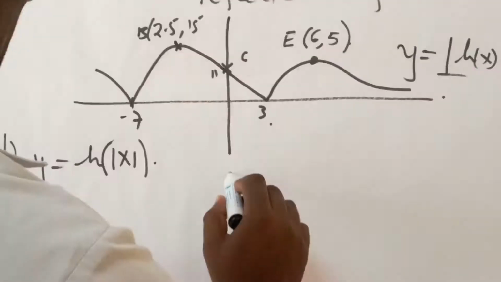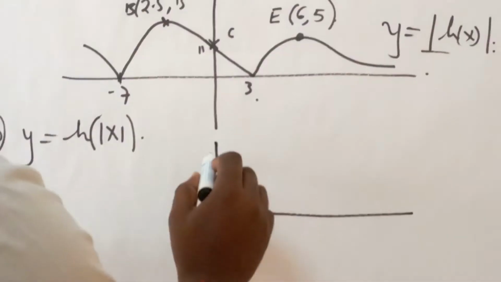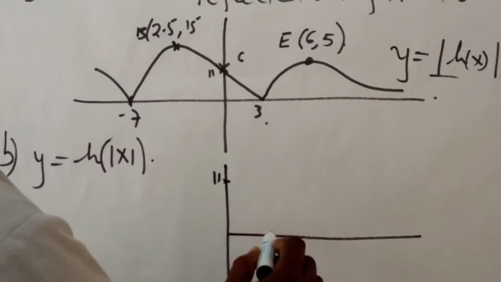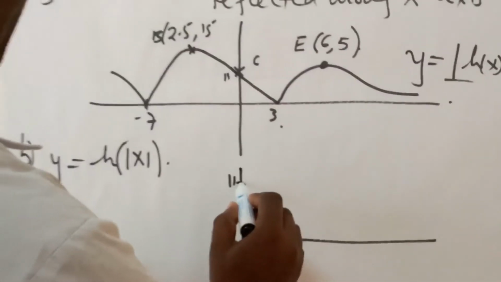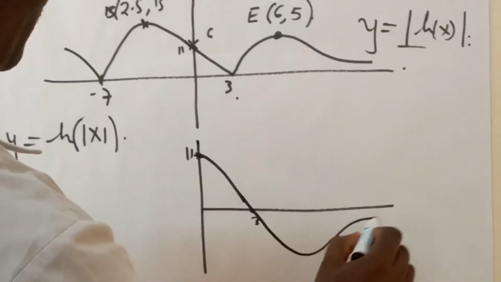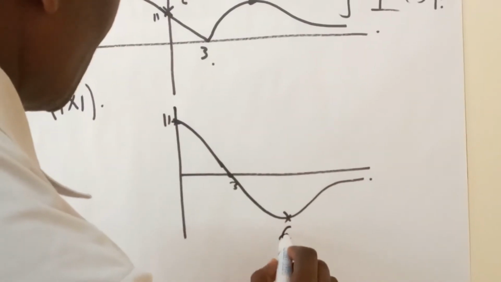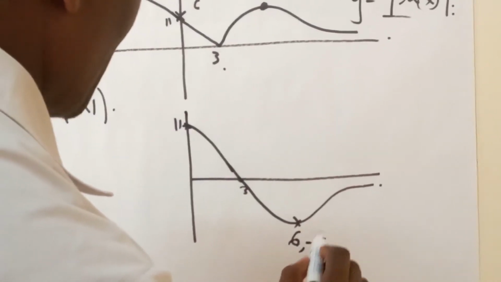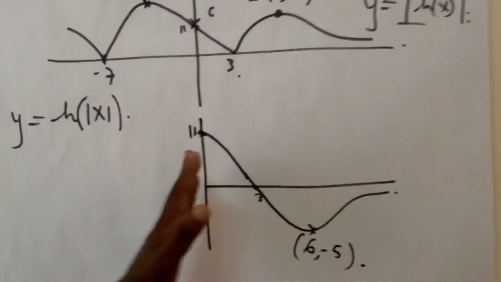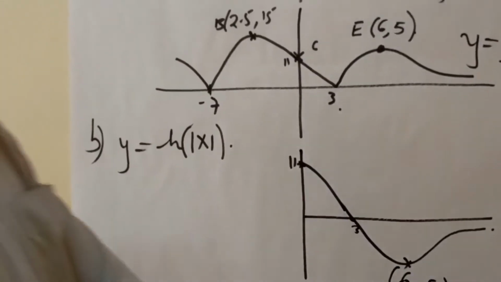We can even talk about it. When x is positive, we can start from 11 all the way to 3, that part, and point E is (6, -5). Those are the values of y when x is supposed to be positive.